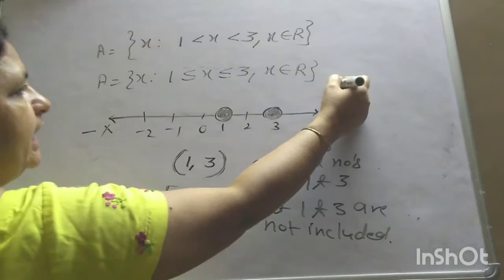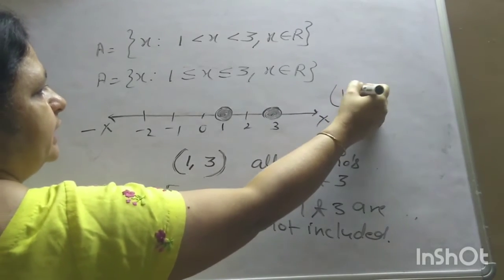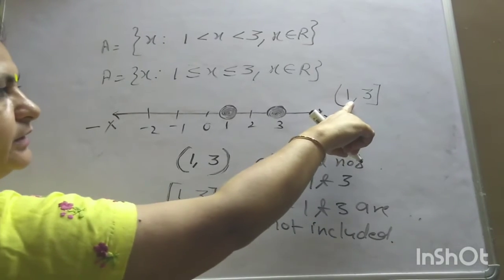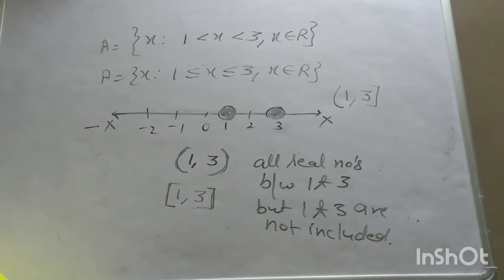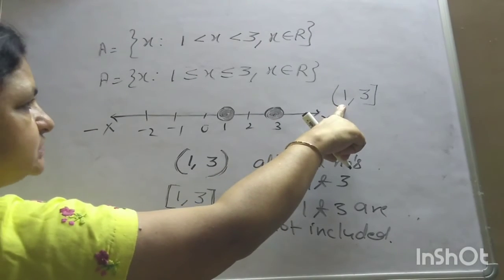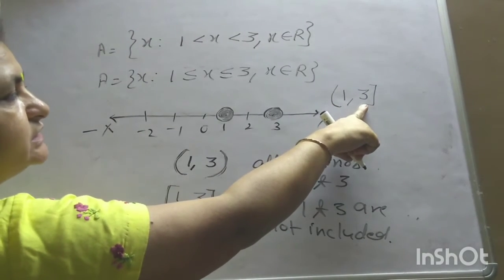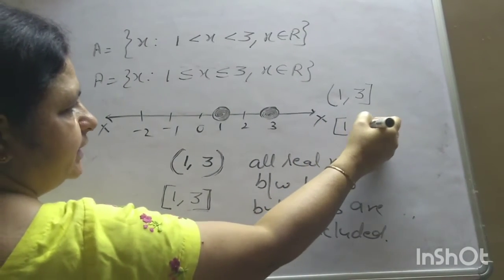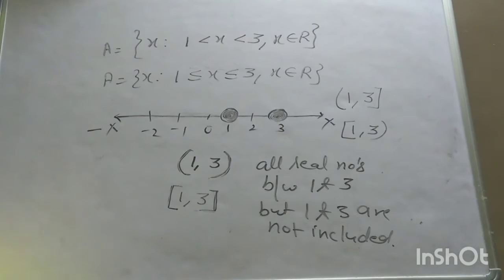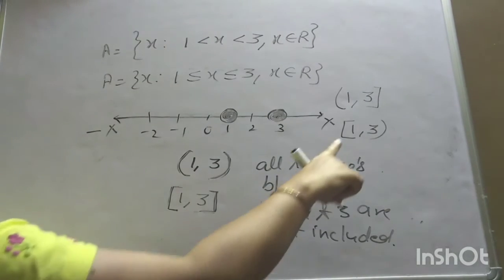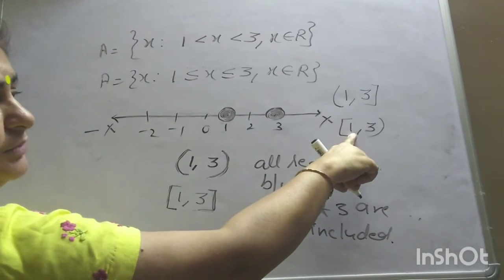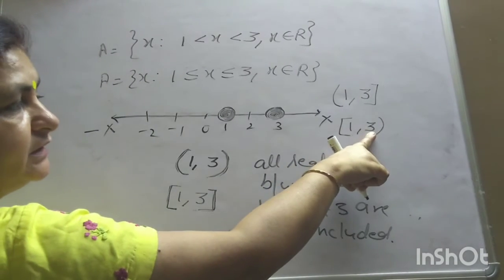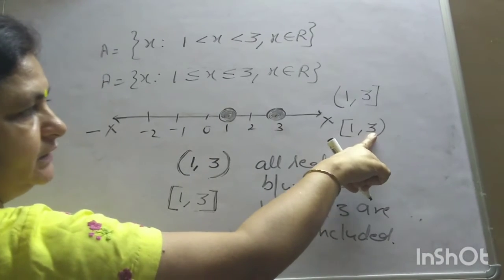Now, if we have open interval at 1 and closed interval at 3, (1, 3], it means all real numbers between 1 and 3, but 1 is not included and 3 is included. If we have closed interval at 1 and open interval at 3, [1, 3), it means all real numbers between 1 and 3, including 1 but excluding 3.